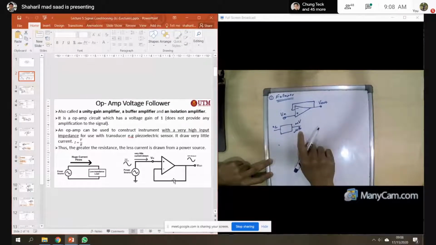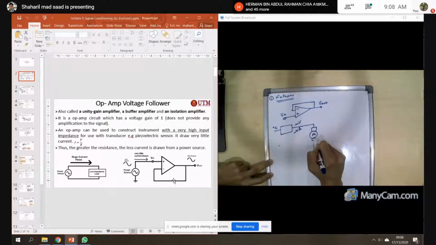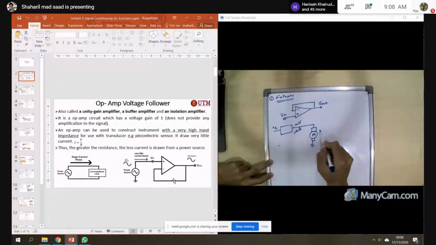So the current is too small. When you try to put it into a load, for example your motor, this current is not enough to drive the motor.